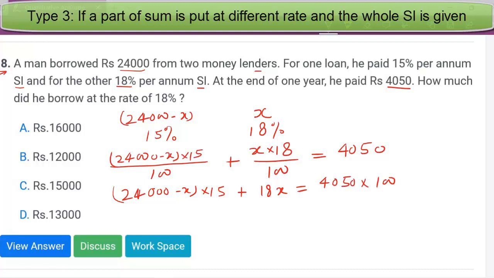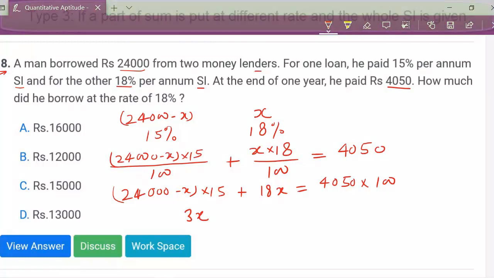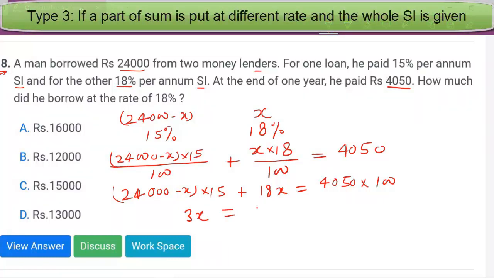After simplification, you will get 3X on one side, and on the other side 4050 multiplied by 100 minus 24,000 multiplied by 15.